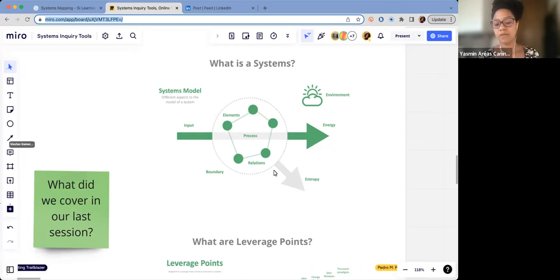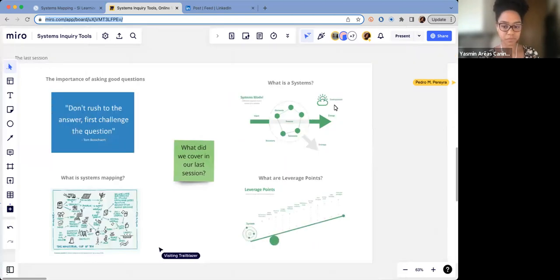But we also have the idea of entropy here, which is when this function may not go in a direction that is sustainable for the continuation of the system, right? So we talked about boundaries as well, the inputs, and of course the environment. This system is always in an environment, and it's always important to understand the difference between both ideas.